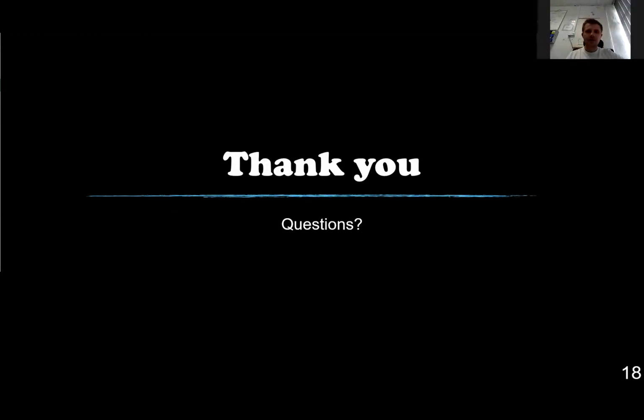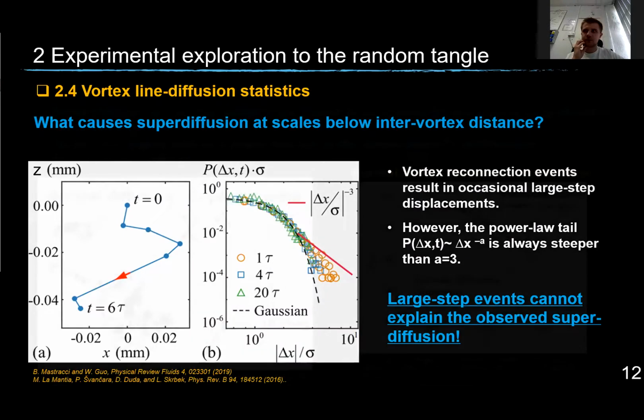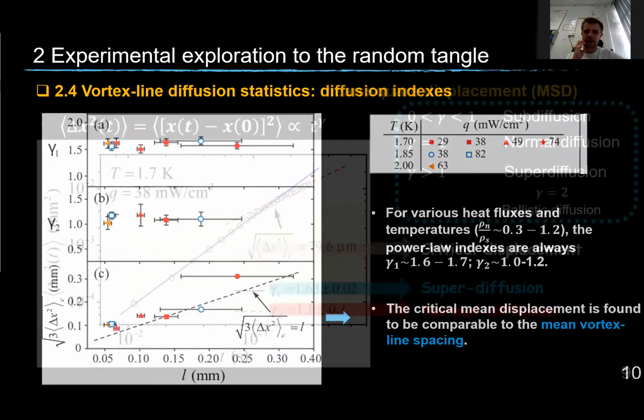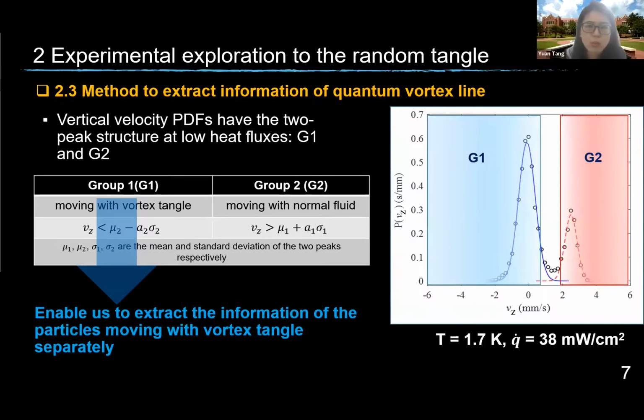Thanks for the talk. I would like to ask a question about the fact that you can split the statistics into these groups, G1 and G2. Do you observe different behavior for the group, I believe it's called G2, where the particles follow the normal fluid? What do you mean by different behavior? You mean the diffusion statistics?